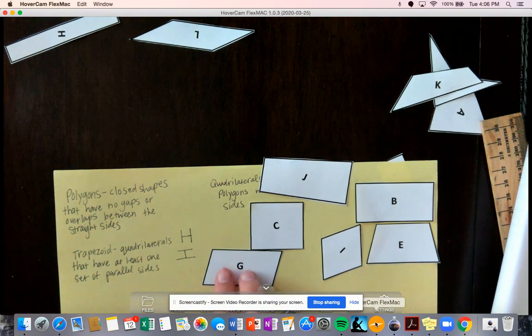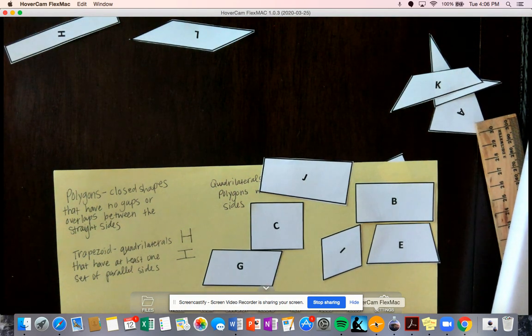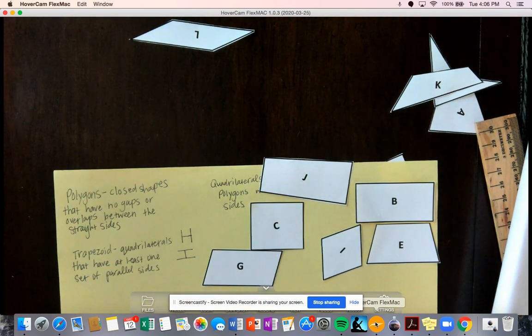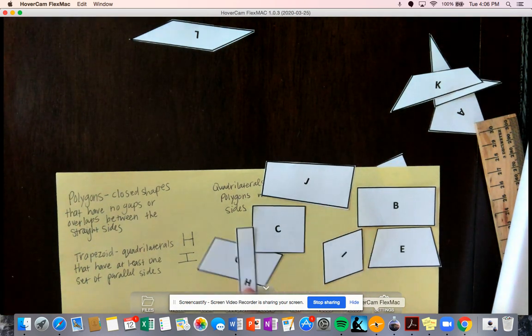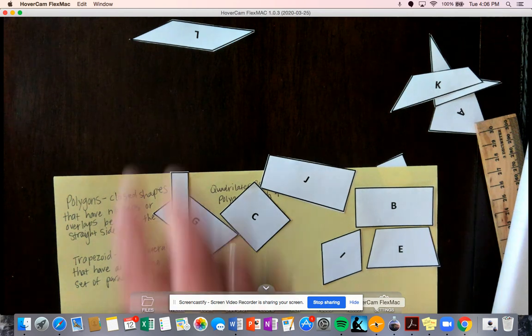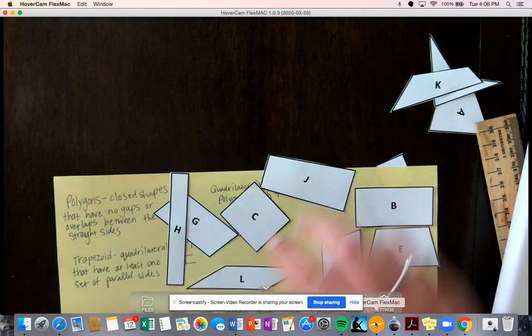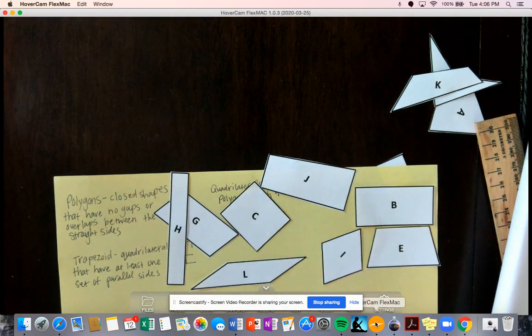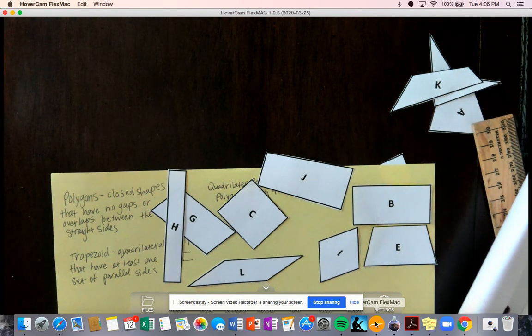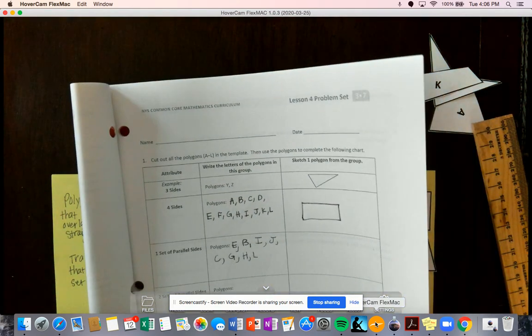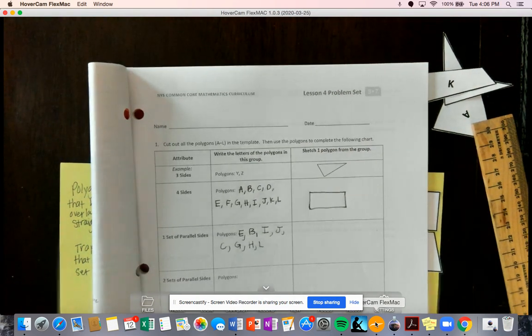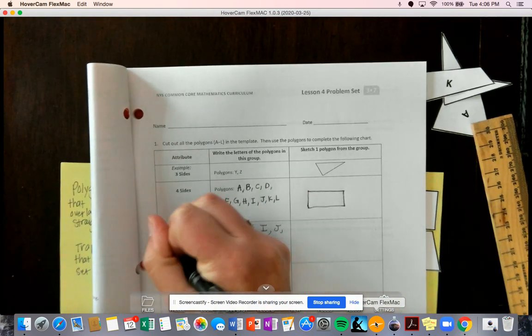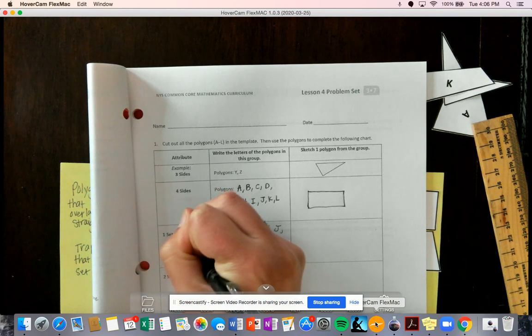G also has parallel lines. So does H and L. Okay. So I was able to find 8 shapes that have at least one set of parallel sides, so they can be a trapezoid.